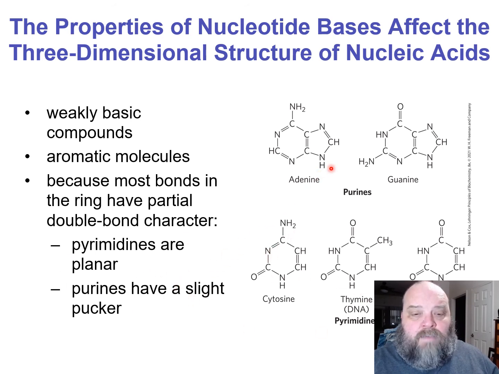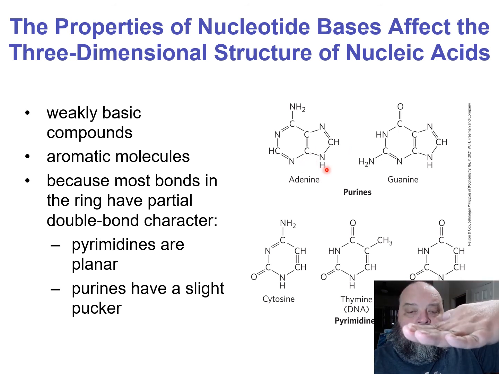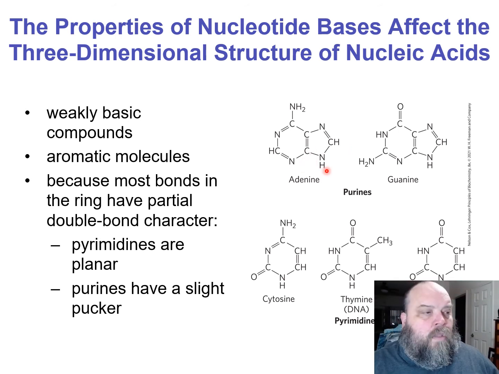The purines are going to have a slight pucker effect, so it's going to be more of this type of thing. Whether it's a plane, a pucker, or a slight twist or tweak due to methylation and whatnot, it's all for bringing more of the hydrogens and the hydroxyls into close approximation so that there can be complementary base pairing, A to T, G to C.